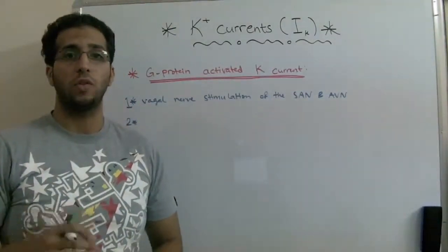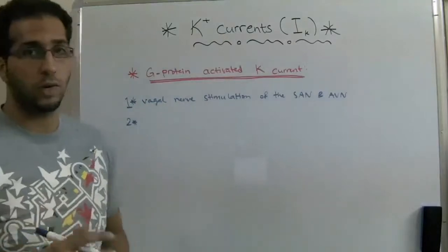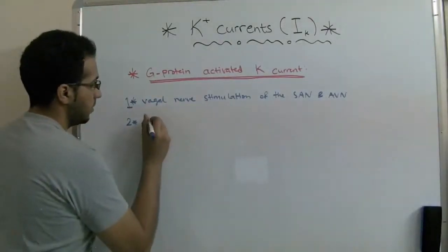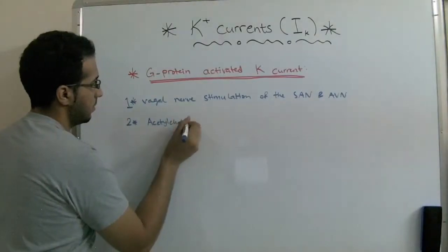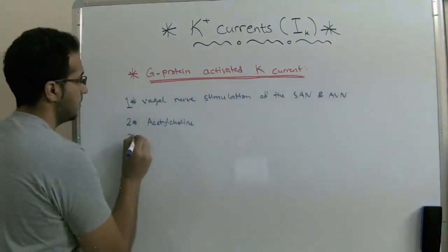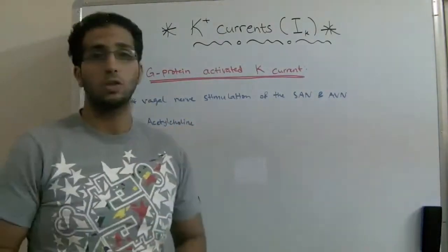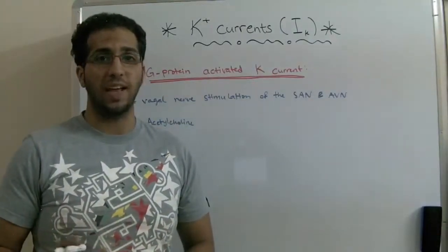Then it goes to the acetylcholine, the neurotransmitter. Then it goes to the muscarinic receptor of the acetylcholine.